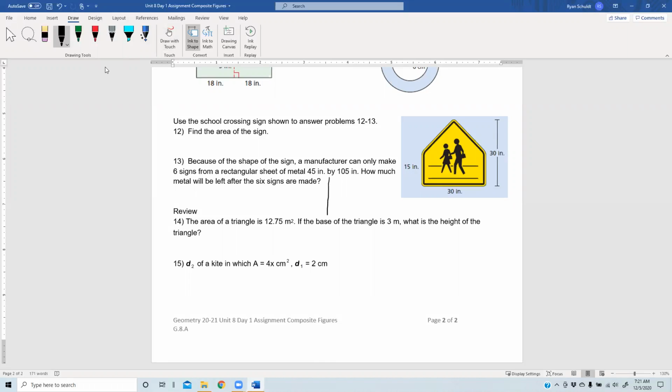Let's say this is our sheet of metal. It's even gray, like a sheet of metal. The reason they can only make 6 is because of how these signs are shaped. Think of it this way. So we're going to cut a sign out like this, right?